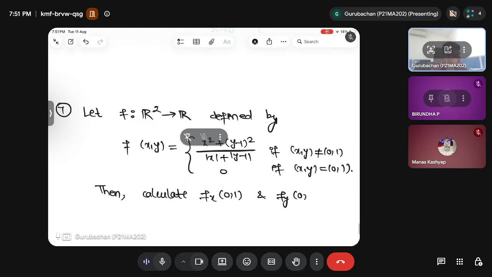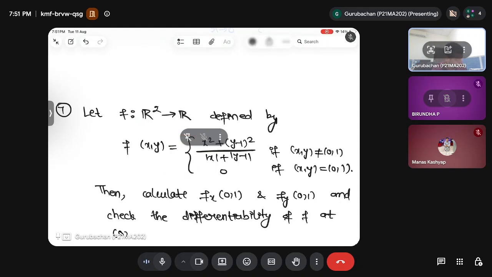Then calculate f_x at (0, 1), f_y at (0, 1), and check the differentiability of f at (0, 1). Quickly do that.